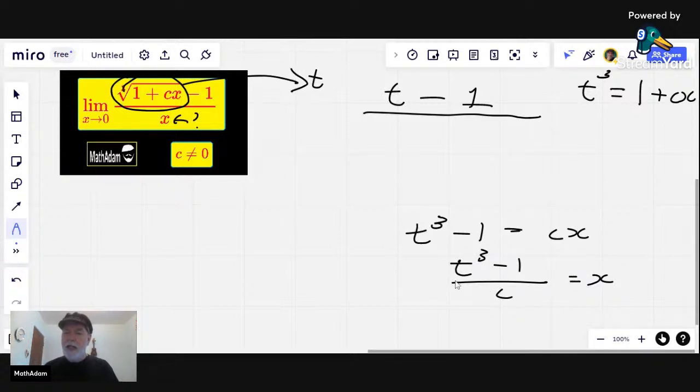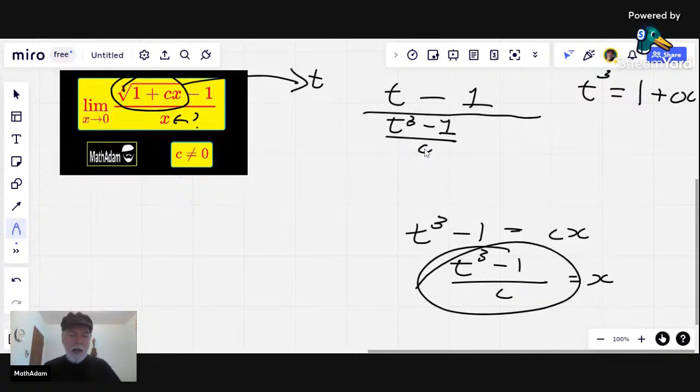So that's what we're going to put up here. We've got t cubed minus 1, and then instead of putting all of this over c, let's just put the c up here. Okay, and now we've got an expression.